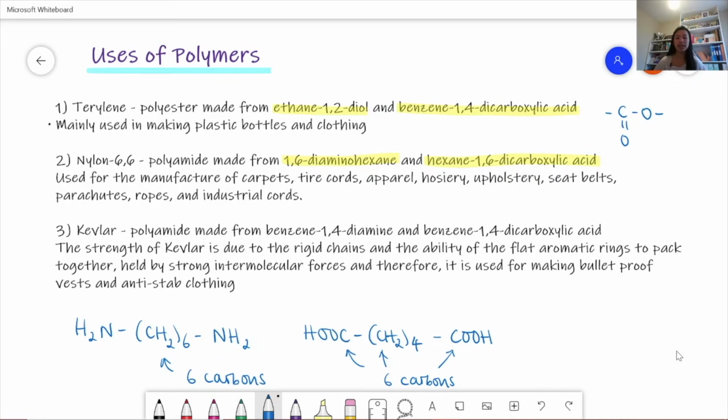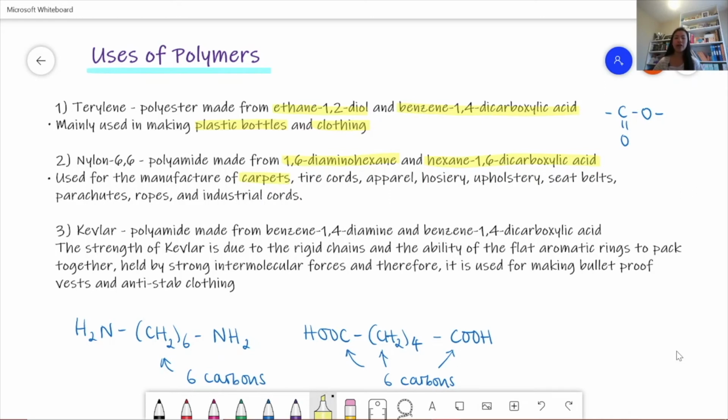Nylon 6,6 is used for the manufacture of carpets and tire cords, apparel, upholstery, seat belts, ropes, and industrial cords. Also about terylene, when we make plastic bottles, it's usually called PET plastic.